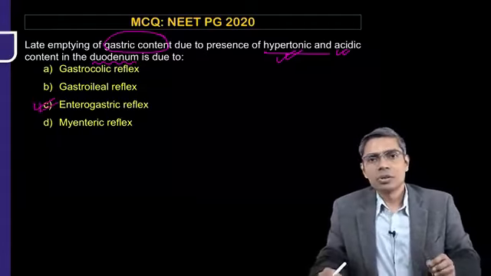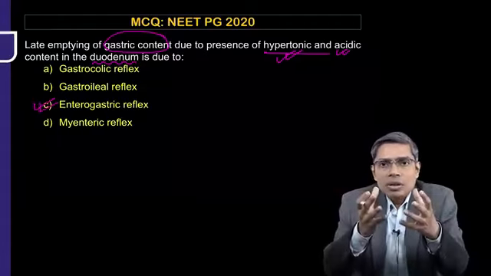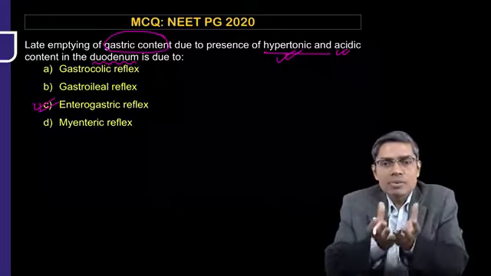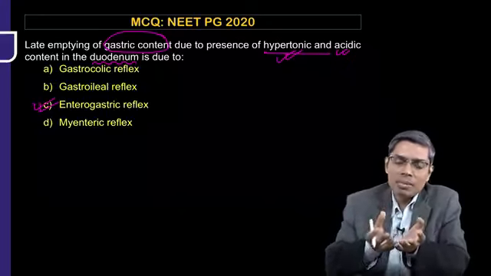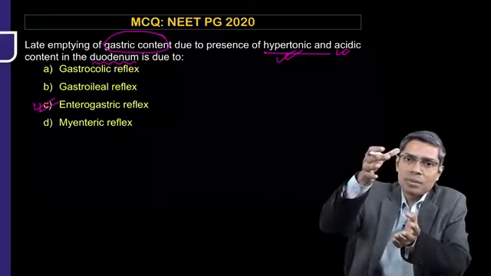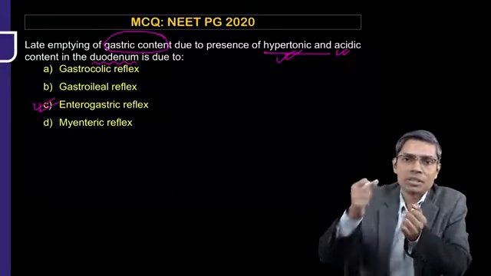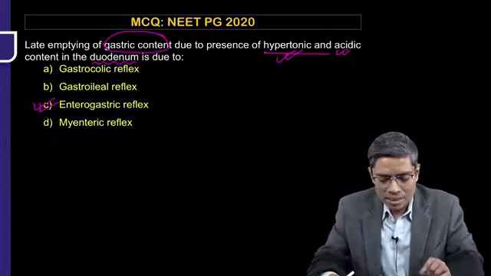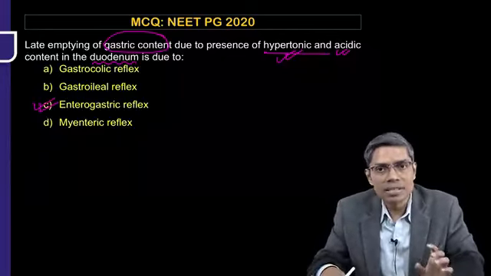Got it? So whenever huge osmolality containing food, hypertonic food or acidic food is present in the duodenum, a neural reflex will reach from the duodenum to the stomach, which causes contraction of the pyloric sphincter and decreases the motility of the stomach. That is known as the enterogastric reflex.